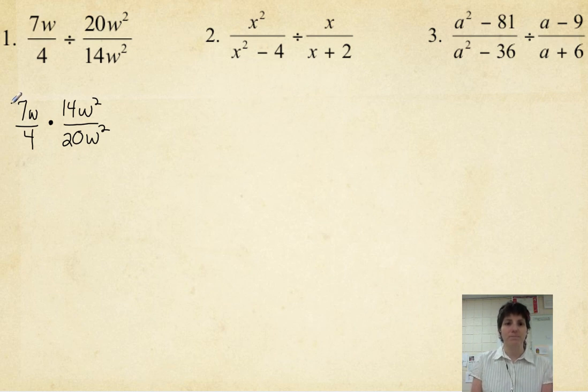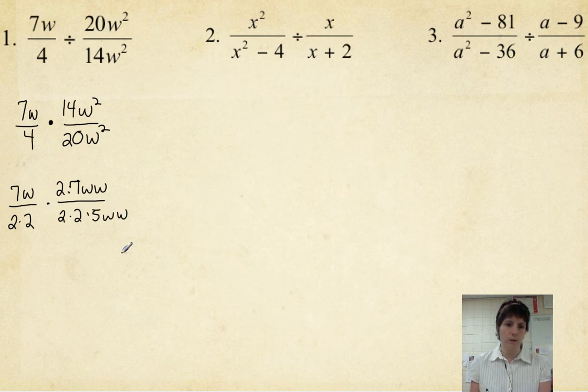So that, again, you don't have to write out all of that multiplication, but since it's our first problem, I will. So we have 7w over 2 times 2 times 2 times 7 times w, that's a 7, over, we already did 20, 2 times 2 times 5, and it's w squared, so w times w.